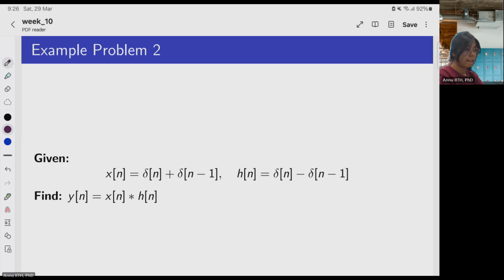It's very simple. What will the output be?